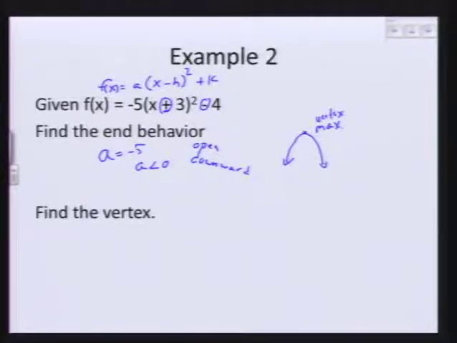And so basically what's happening here is we really need to rewrite this model as f of x is equal to minus 5 times (x minus a minus 3) squared plus a negative 4. Now the advantage of rewriting this is we can find our vertex from that fairly quickly. And I need one more parenthesis in here after this 3.